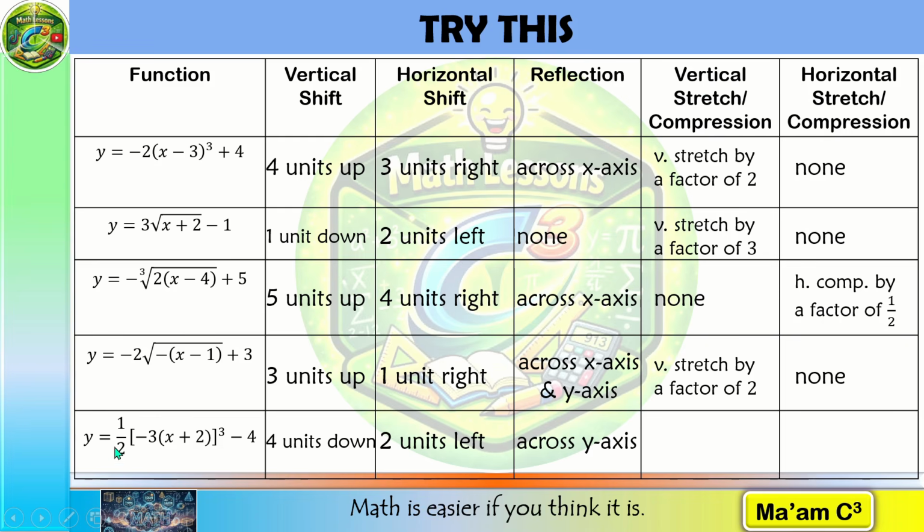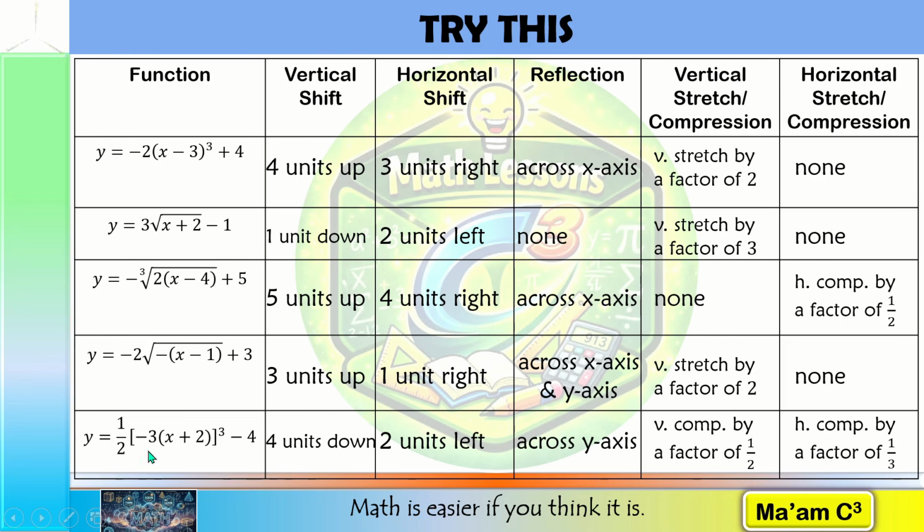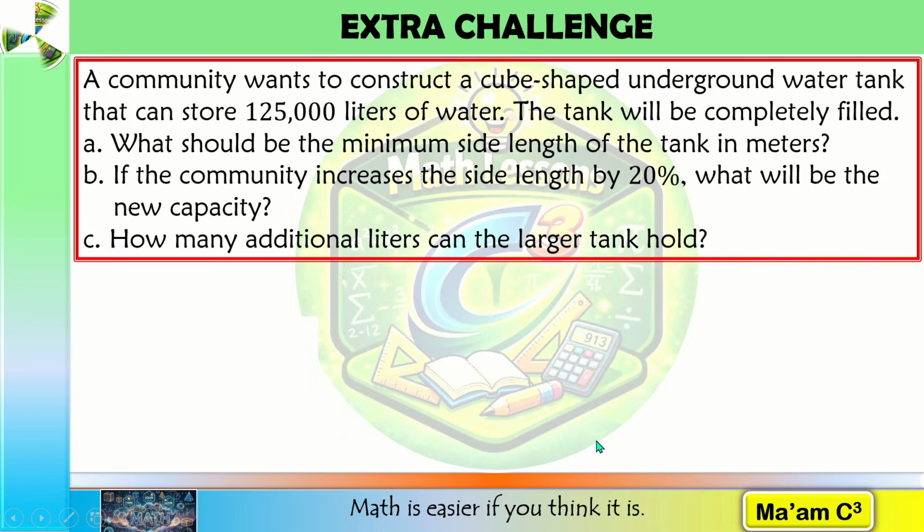So yes, vertical compression by a factor of 1/2. Horizontal stretch or compression, we have here 3. So yes, there is horizontal compression by a factor of 1/3. Remember, 1 over the absolute value of B. So 1 over 3. Now let us apply our understanding to a real-life situation.